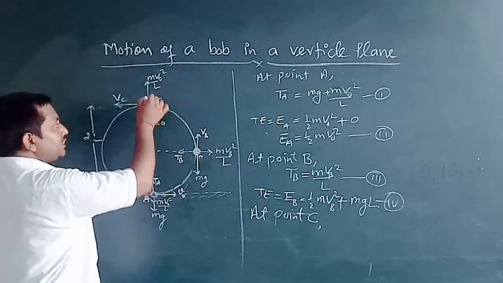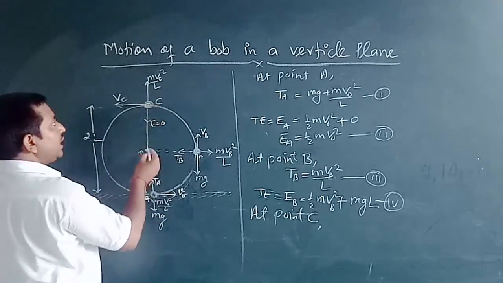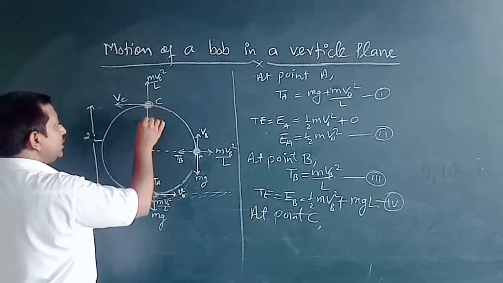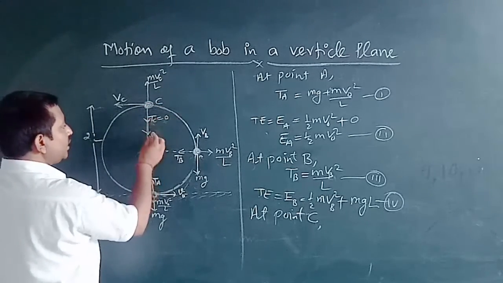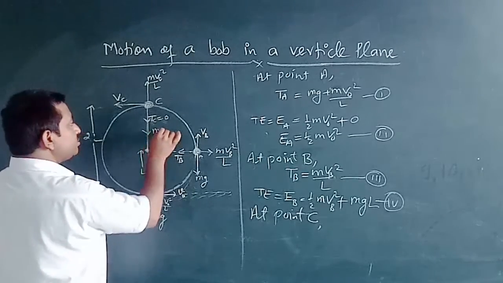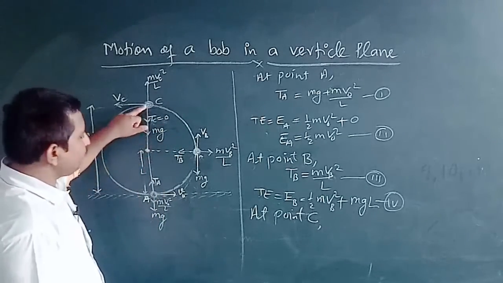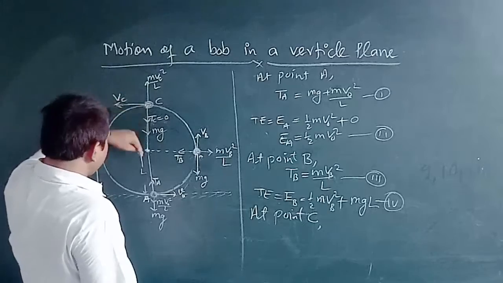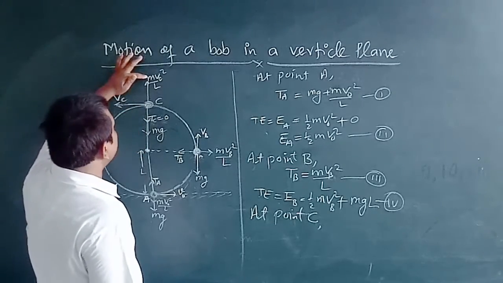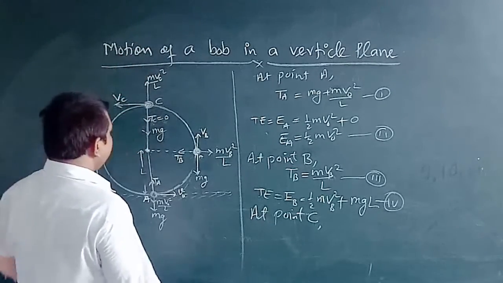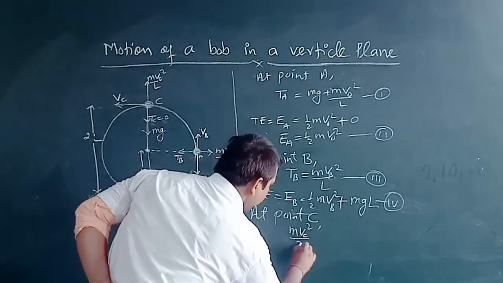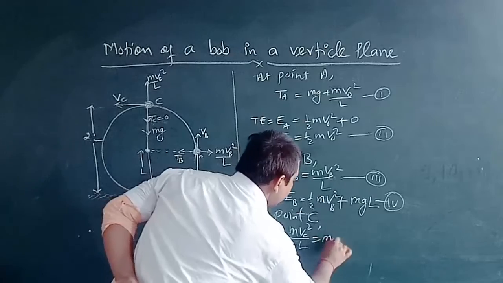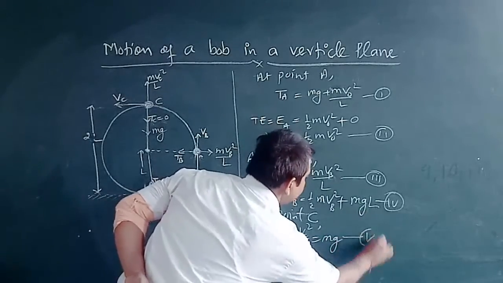Here TC is 0, but the weight of the bob acts downward, so this becomes mg. At point C the total force acting downward balances mv C square by L. So mv C square by L is equal to mg. This is equation number 5.